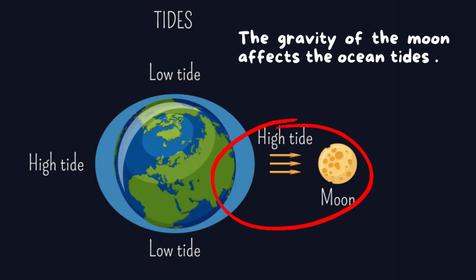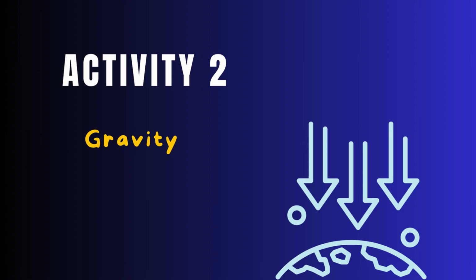So the gravity of the moon affects the ocean tides, as the water level of the ocean increases and decreases. As we know, gravity is a force of attraction between objects that have mass. So we will go now to Activity 2.